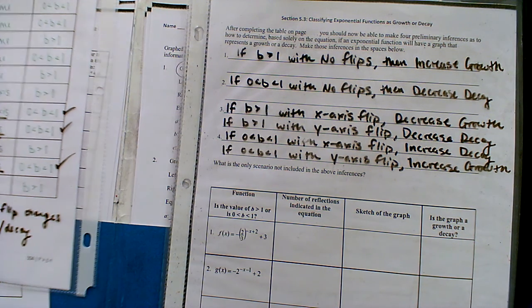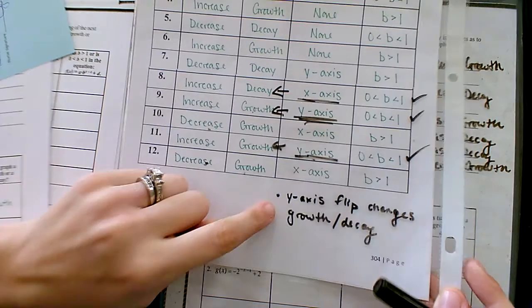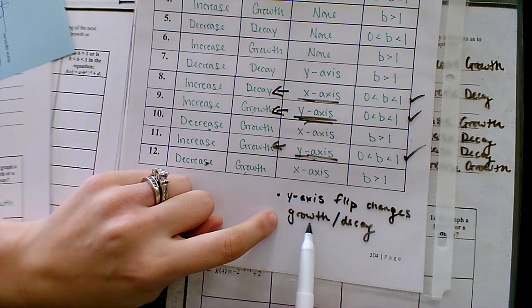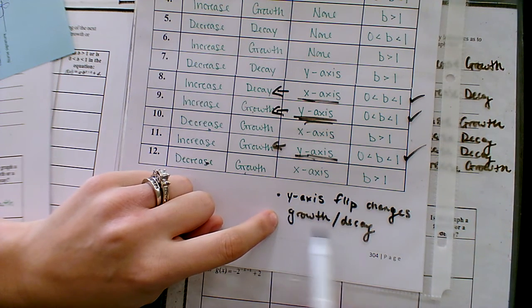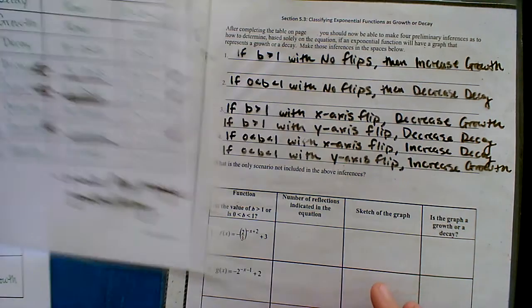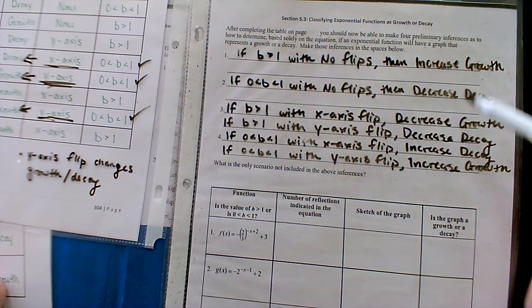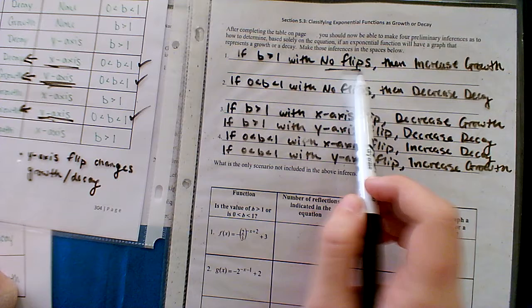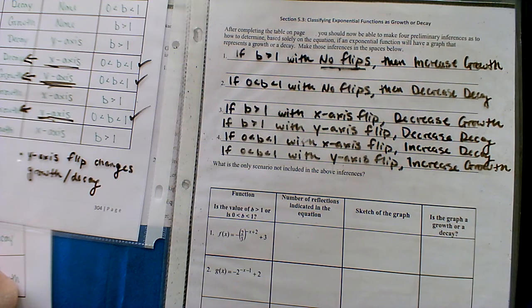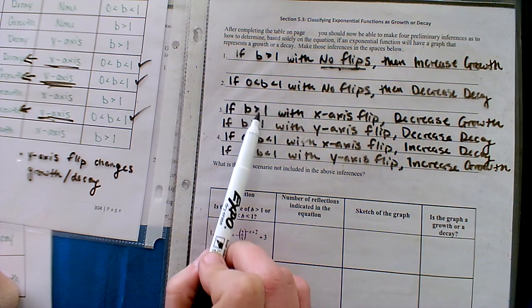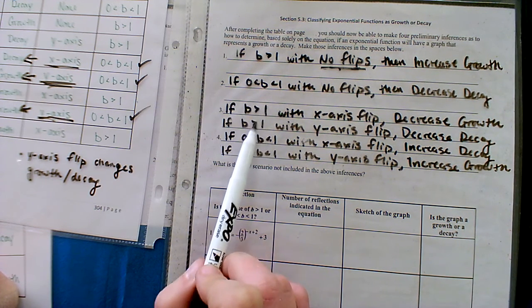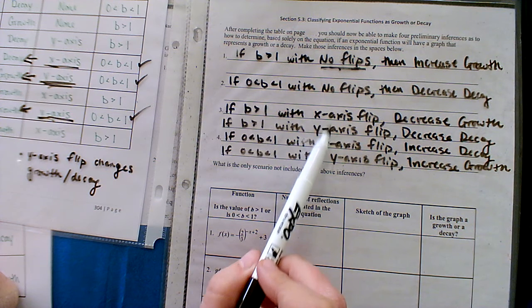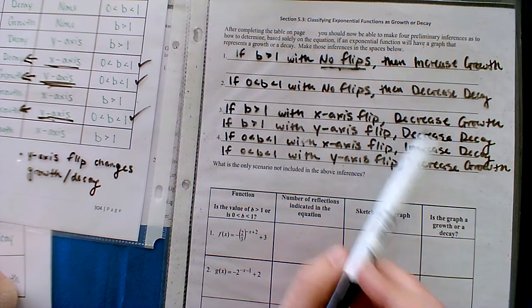All right, let's maybe make note of another one. Okay, so in addition to this y-axis flip that changes the growth and decay value, can we perhaps notice something about the increasing and decreasing nature? If a base was bigger than 1 with no flips, it was increase. But we said over here, if the base was bigger than 1 with either flip, we have a decrease.